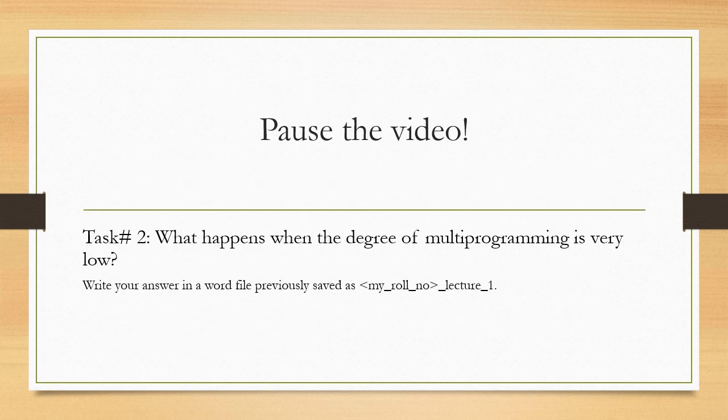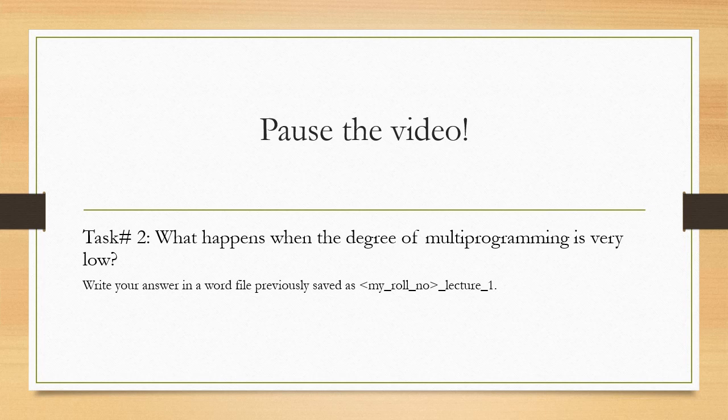I want you to think about how the degree of multiprogramming is going to affect your system. What seems to be the picture is that you are bringing in more jobs in the memory, and when one job says, I don't want to execute anymore, I want this I/O operation performed, you take it off the processor and you bring in another job.